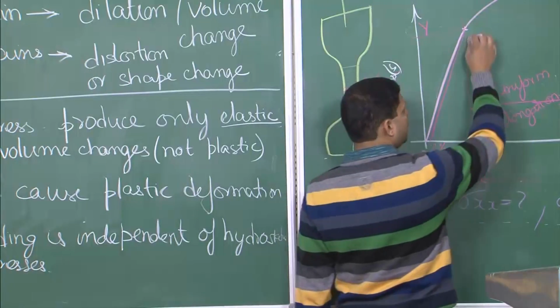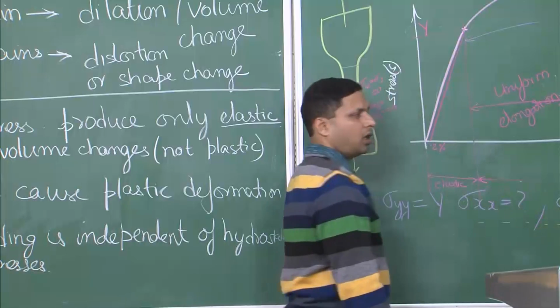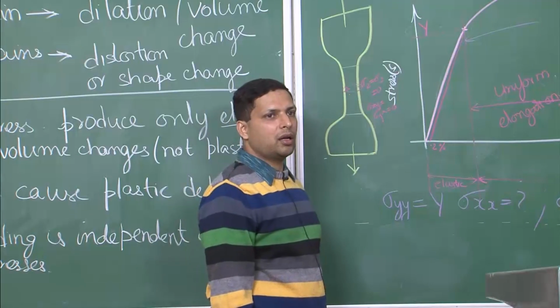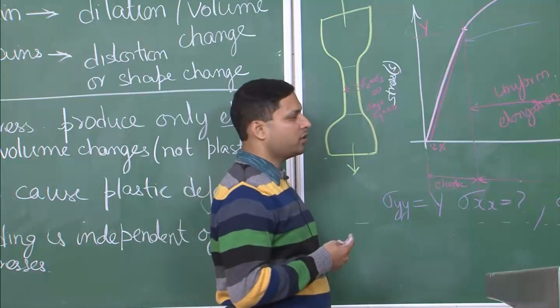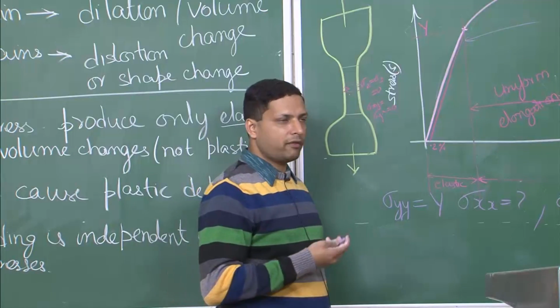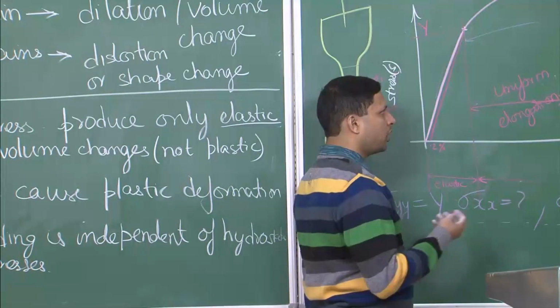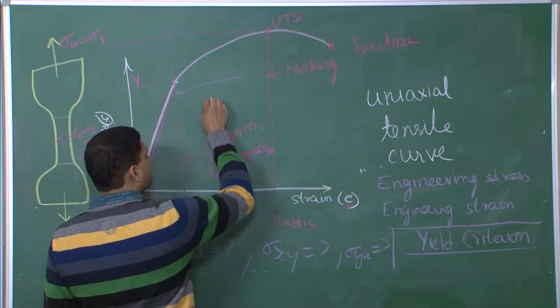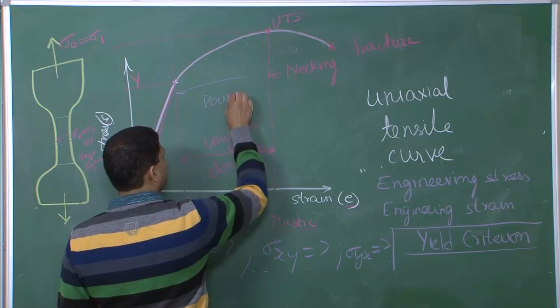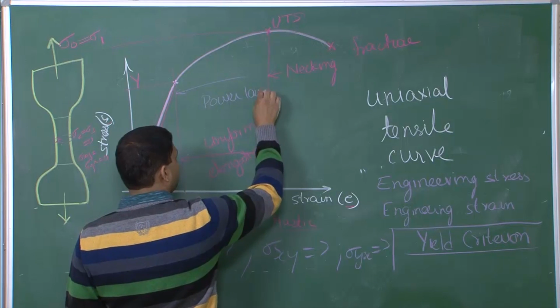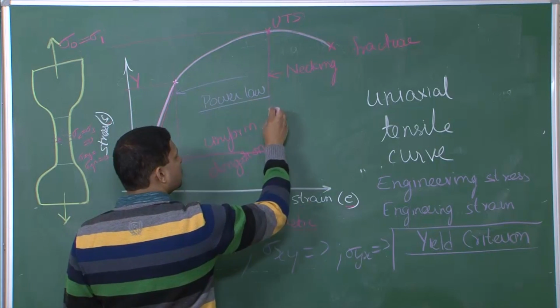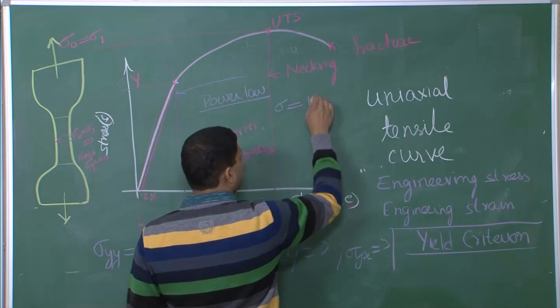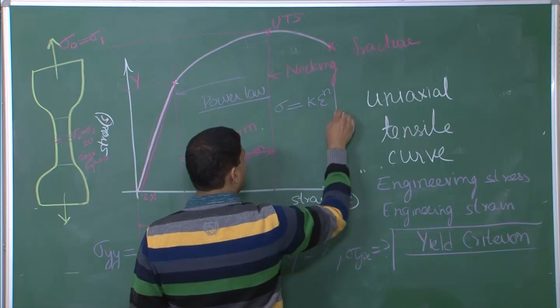In the plastic region, even for a uniaxial condition, the form of the equation is not exact. We do not know it exactly, we have empirical knowledge about that, and some of the equations that are used are something like the power law, given by sigma equal to k epsilon to the power n.